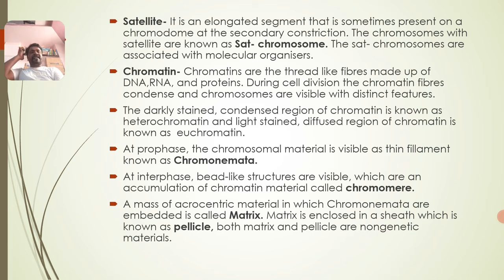Next one is chromatin. Chromatins are thread-like fibers made up of DNA, RNA and proteins. During cell division, the chromatin fibers condense and chromosomes become visible with distinct features.